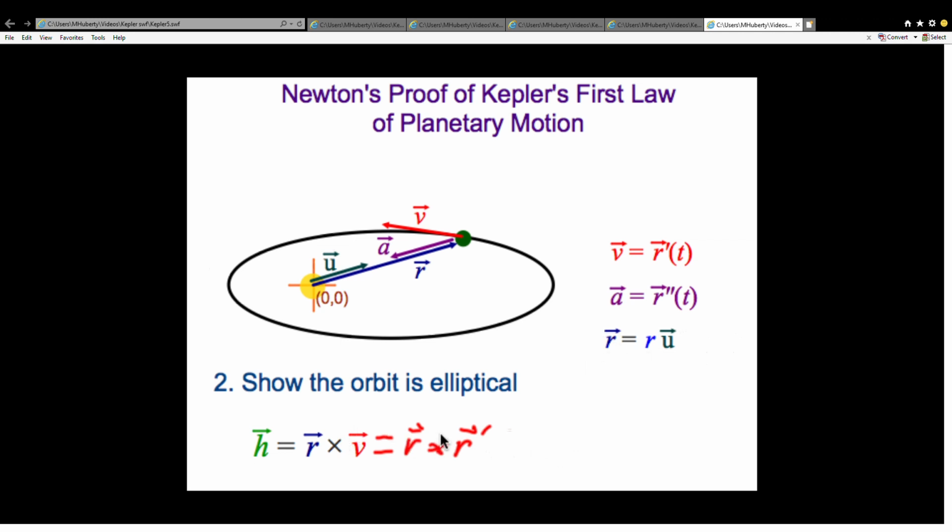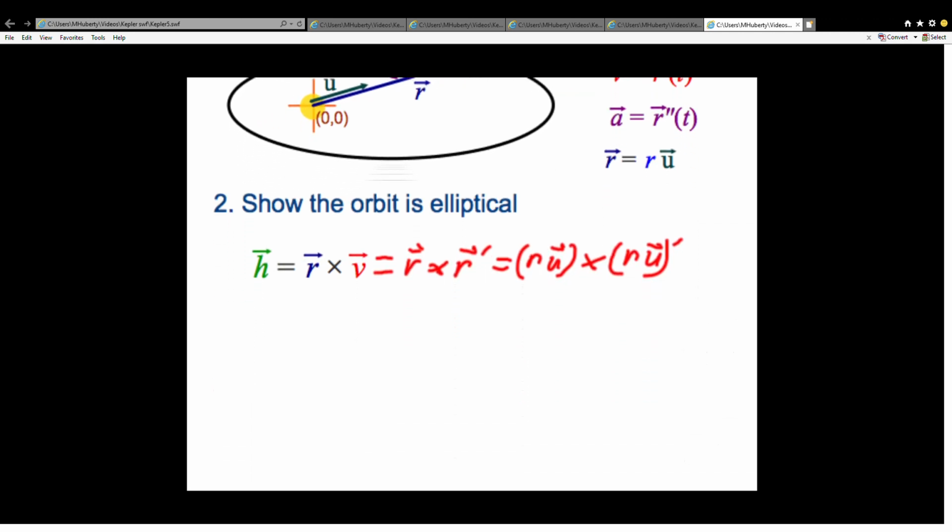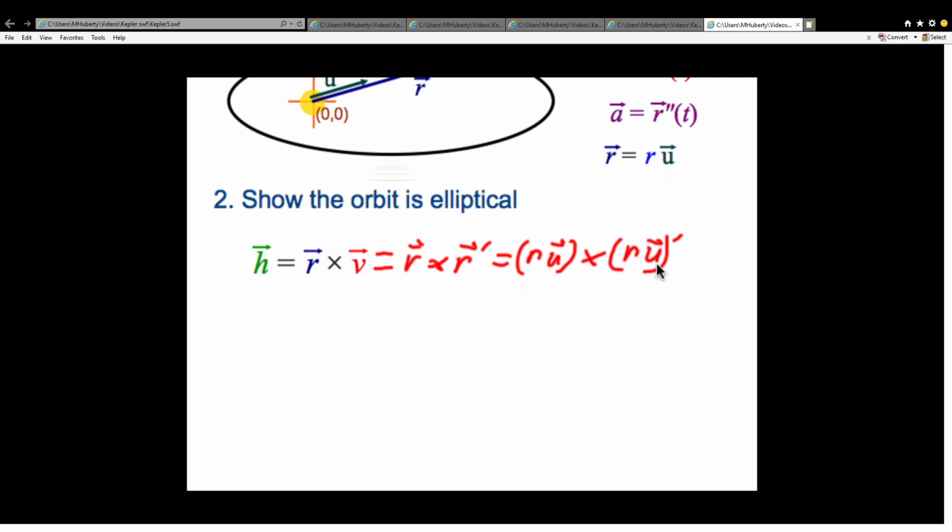So that's going to have us rewrite this entire thing as magnitude of r times the unit vector, that's scalar times, cross product with magnitude of r, scalar multiplied by the unit vector, and it's the derivative of that, okay? Now, both the magnitude and the direction are functions of time that change as the planet orbits around the sun.